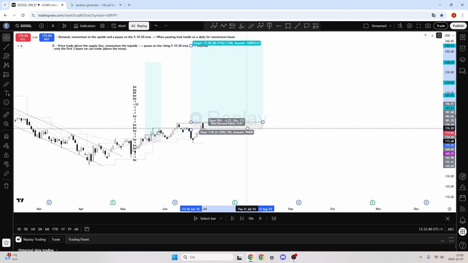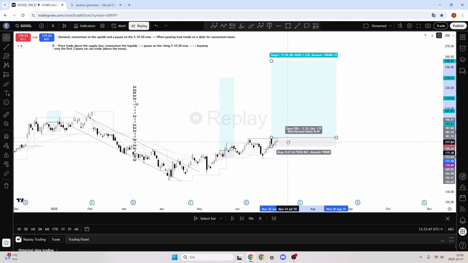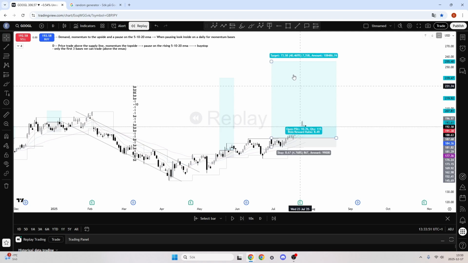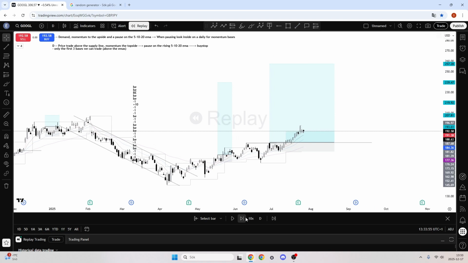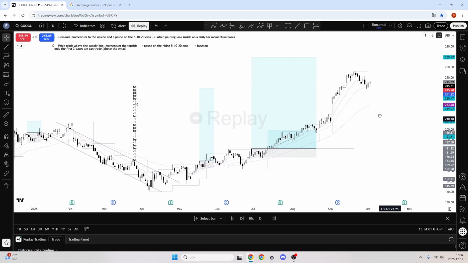Let's wait for pause, just like this. Reaches 1-to-1, stop loss to break even, or position at break even. Which is almost 1-to-1.